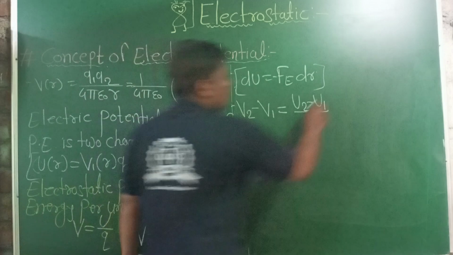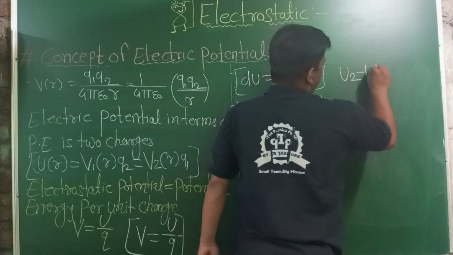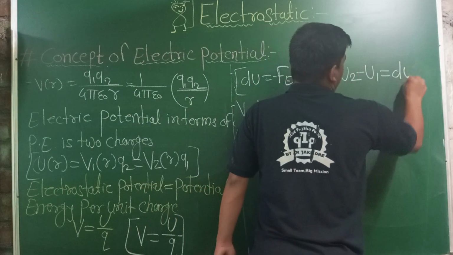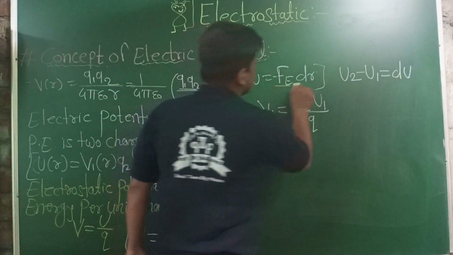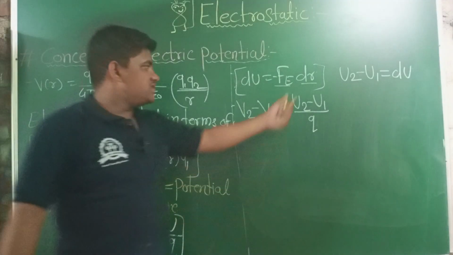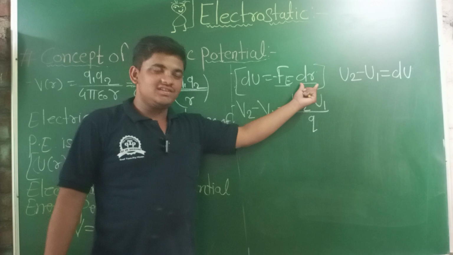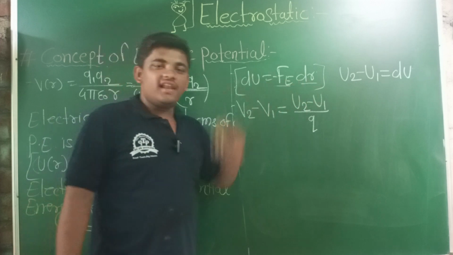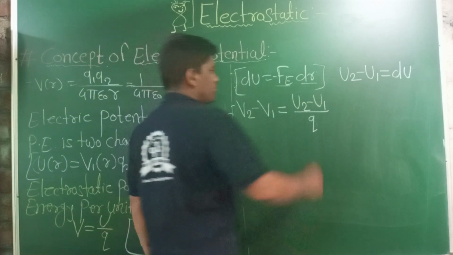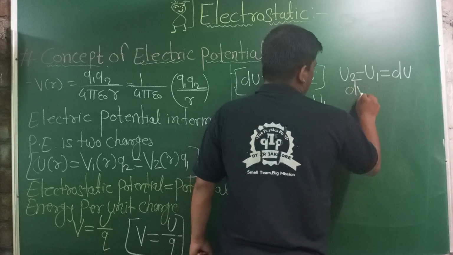Now we know that U2 minus U1 is equal to dU, which is the force times displacement. The charge is displaced by a very small distance dr, and this is the electrostatic or Coulomb force. This must be the work done.